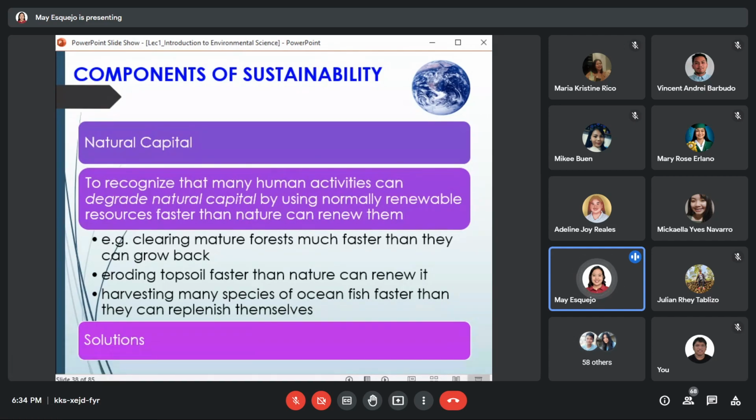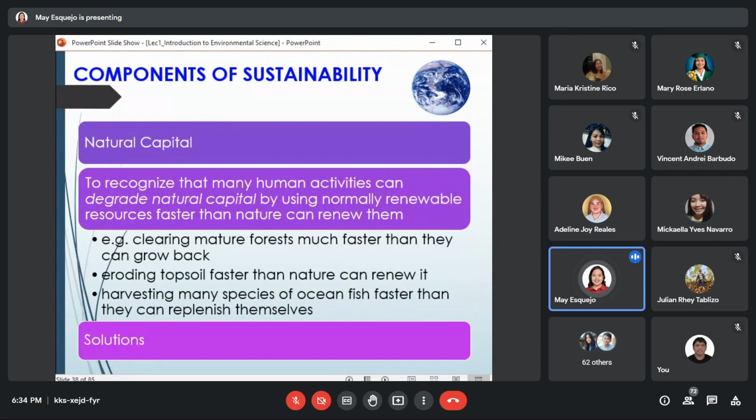So example of that is the clearing of mature forest much faster than they replace it or they can grow back. Okay, syempre, nagputol ka ng 10 puno and nagtanim ka ng 10 or kahit 20 pa yan, but they will take time to grow as much as that mature forest na na-cut down.